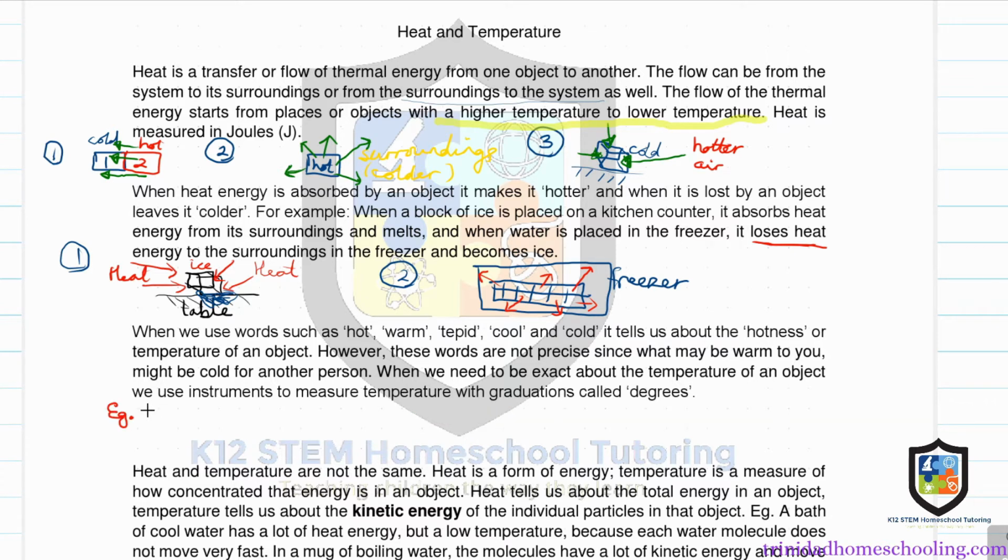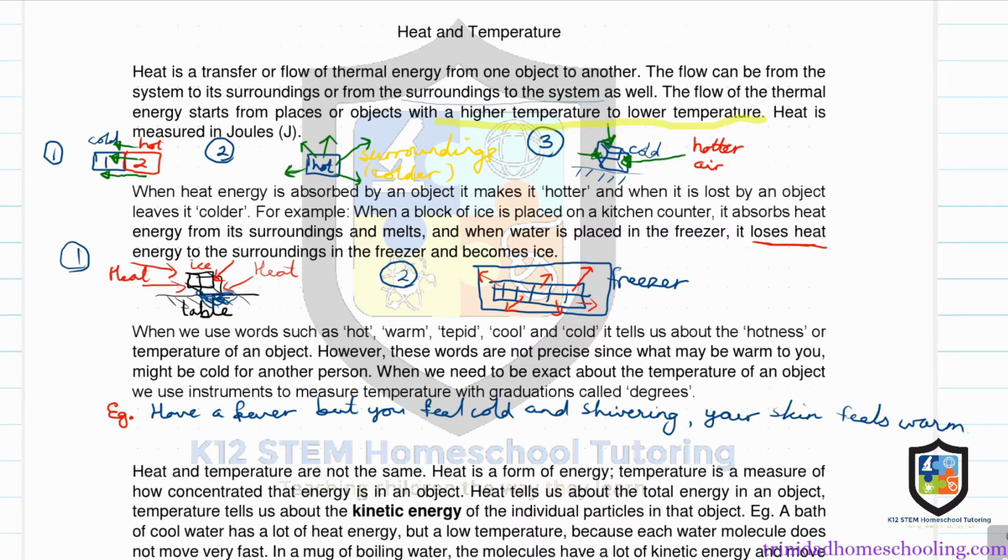An example of this here is having a fever. So you have a fever, but you feel cold and you're shivering, but at the same time your skin feels warm. You go to the doctor. To confirm that you have a fever, the doctor will use a thermometer to check your temperature, and this will accurately tell us if you have a fever or not according to the temperature that the doctor measured.